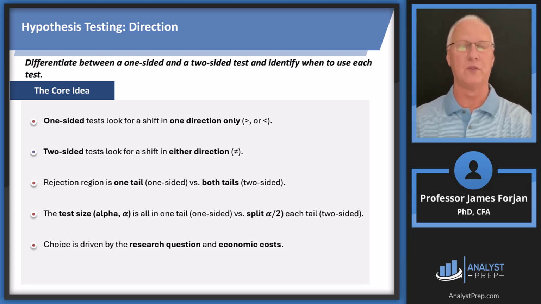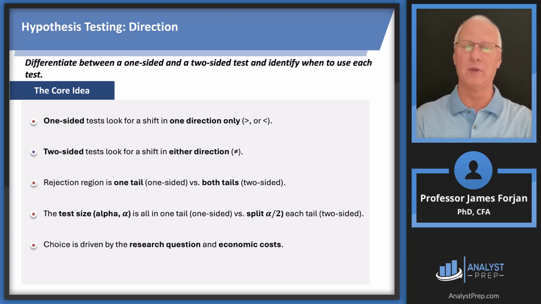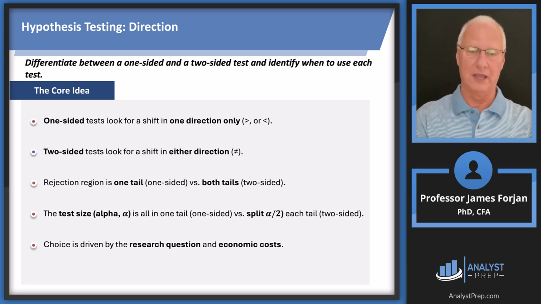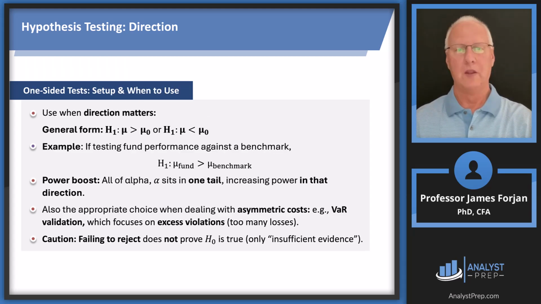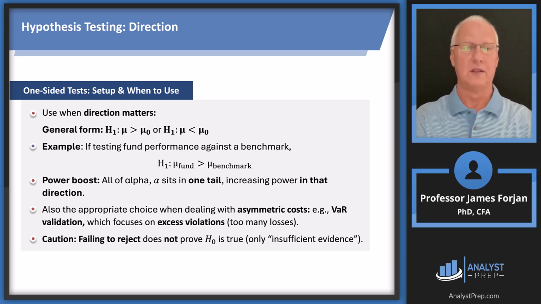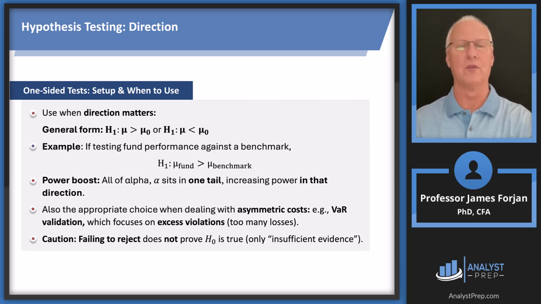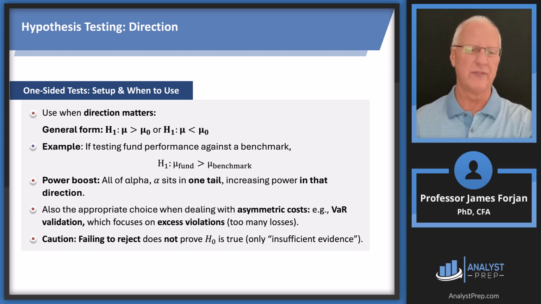That unequal sign is for the alternative hypothesis. So that determines whether it's the left tail or the right tail, one tail or both tails. So when the direction matters, the general form is that the alternative hypothesis uses the greater than or the less than sign. So there's a fun performance versus a benchmark.